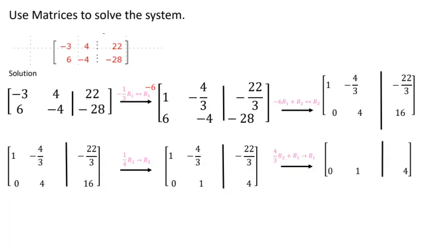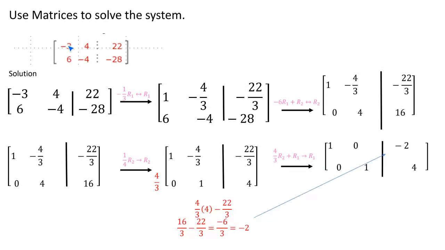I'm going to share my screen. So just remember these numbers here, and actually let me put them in the chat. That way I don't forget. So we have -3, 4, 22, and 6, -4, and -28.